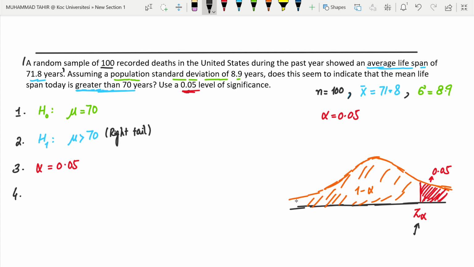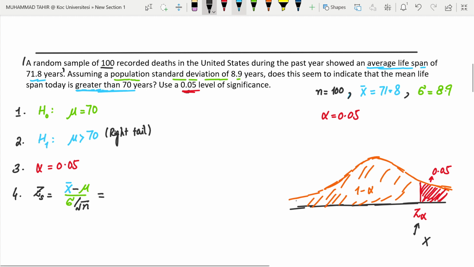Now if you remember, in the z-test we used to calculate z critical. But in the p-value test, we don't need to calculate z critical. What we calculate is basically z sample. From the sample you calculate the z value. So z transformation is x bar minus mu divided by sigma over square root of n.